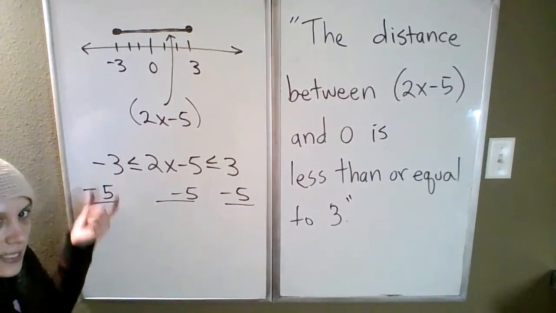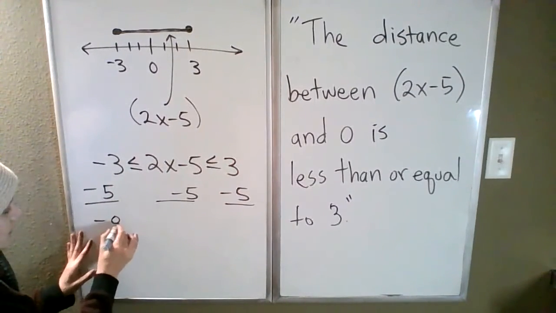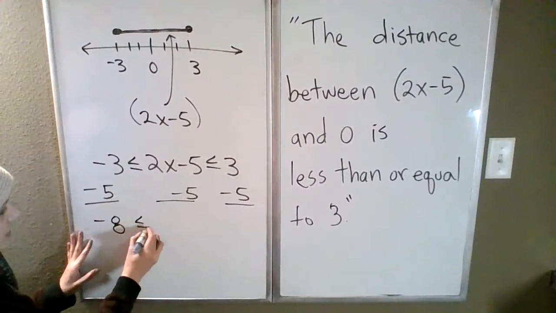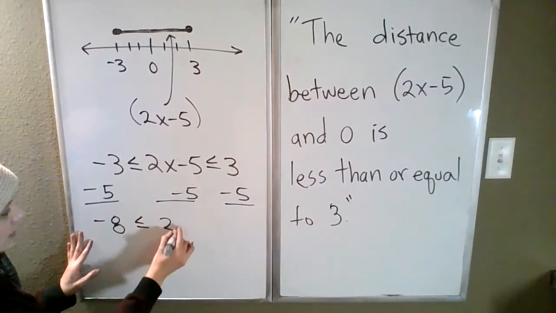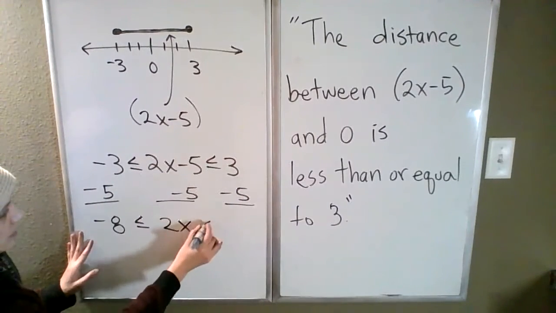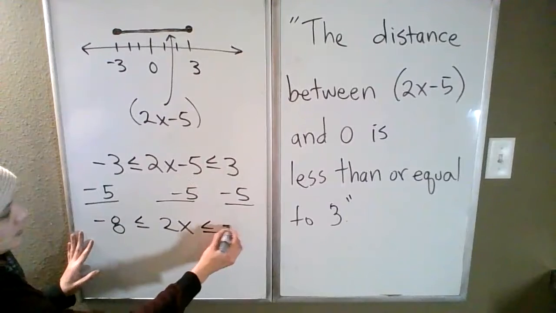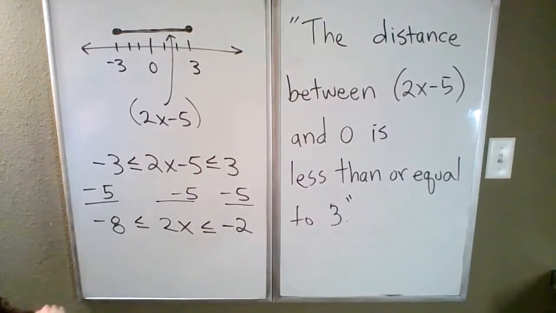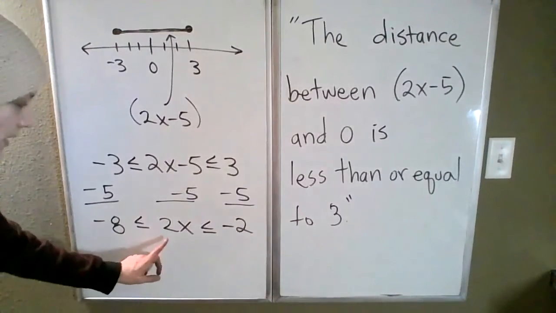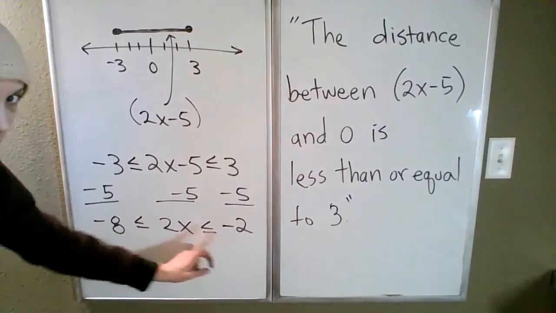Cool. On this side, it's -8, less than or equal to 2x, less than or equal to -2. We're going to take this and divide all 3 parts by 2.